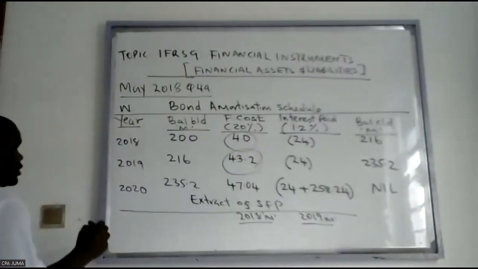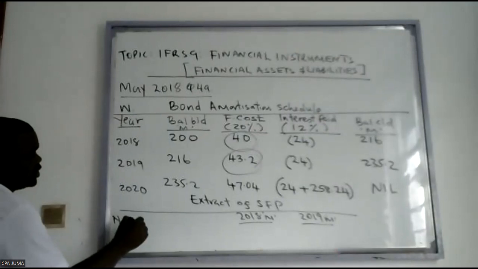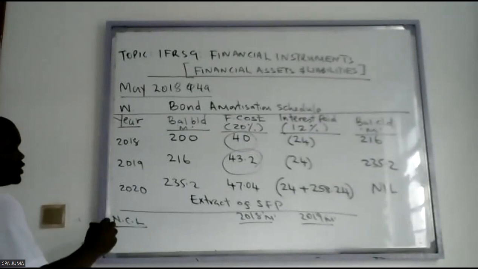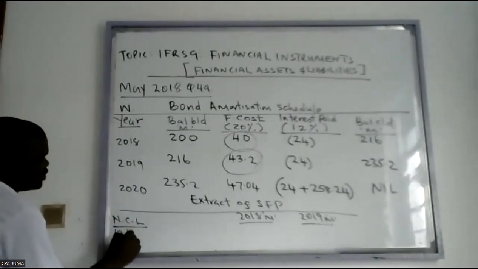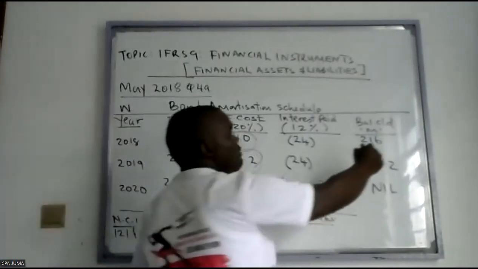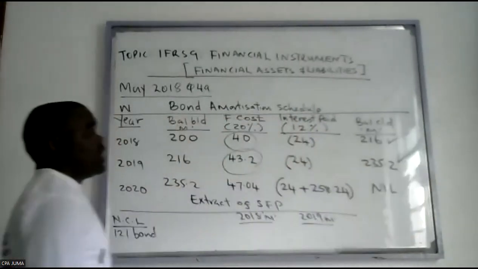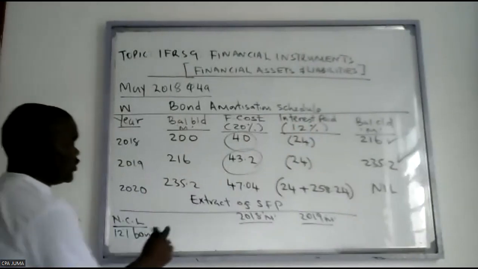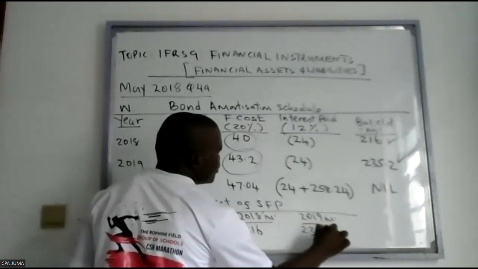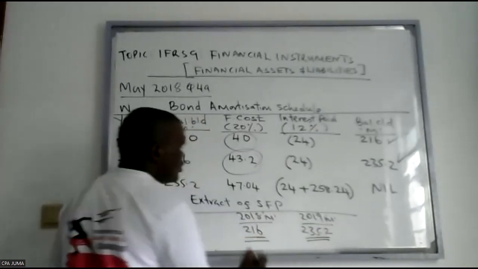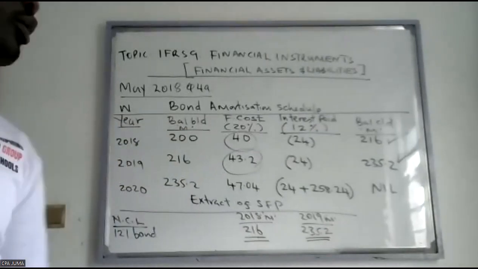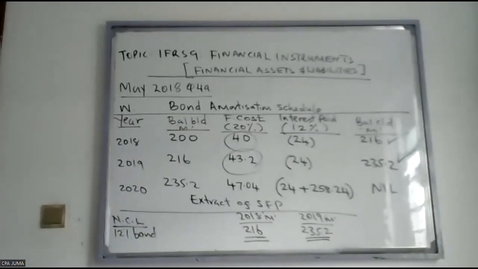So non-current liability, when you issue, it becomes a loan. So we have 12% bond, which is a financial liability. So you pick the balances carried down, those two. Balance sheet, you check the closing balances, 216 to 35.2. We are done with that question.